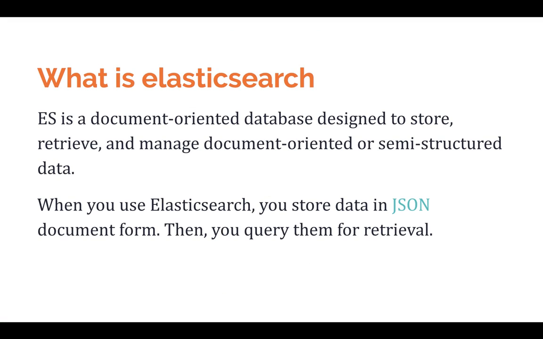So let's see what is Elasticsearch. Elasticsearch is a document-oriented database designed to store, retrieve, and manage document-oriented or semi-structured data. When you use Elasticsearch, you store data in JSON document form, then you query them for retrieval.